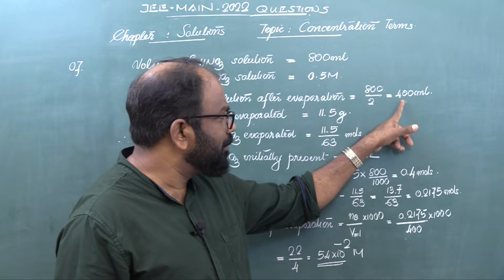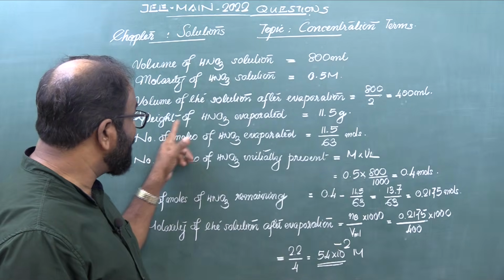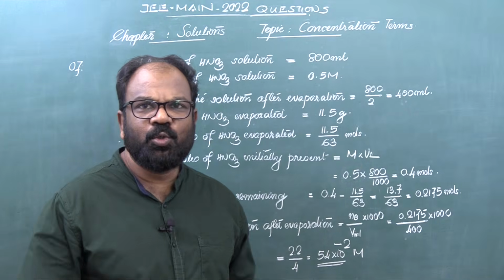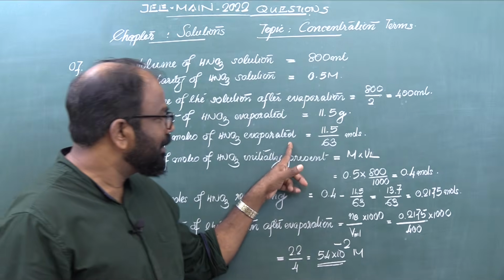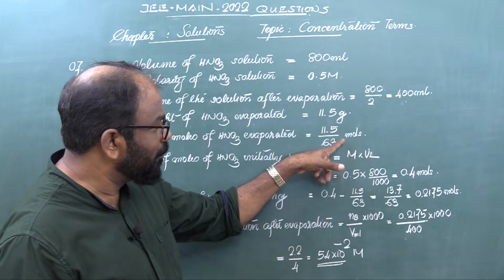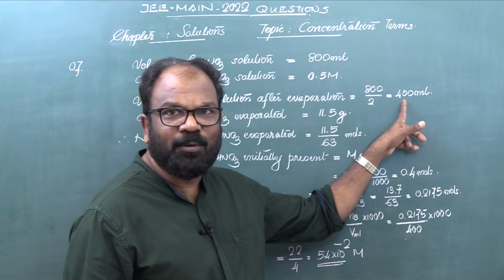It is reduced to 50%. Now the volume is equal to 400 ml. And the weight of HNO3 evaporated is given as 11.5 gram. So we can calculate the number of moles of HNO3 evaporated, that is equal to 11.5 divided by 63. This is the number of moles of HNO3 evaporated and the volume of the solution is reduced to 400 ml.